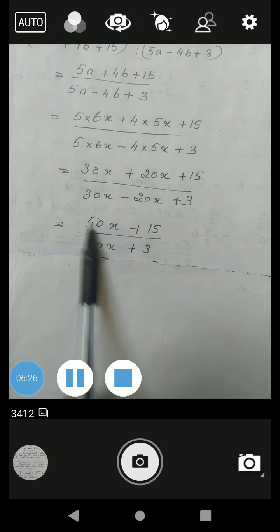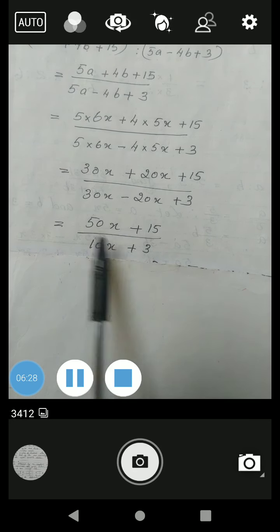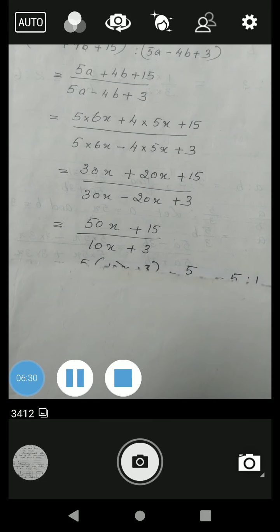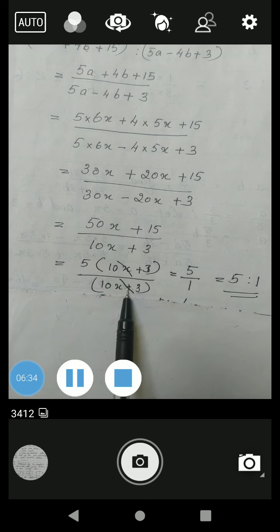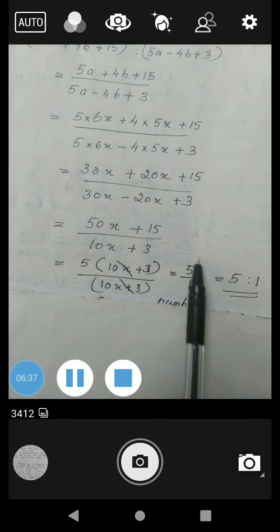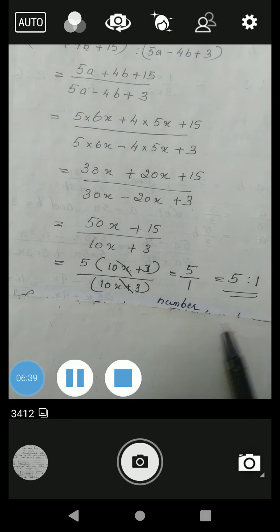Here in the numerator you can take 5 outside. What will be the remaining? 10x plus 3. And these two 10x plus 3 cancelled and we get the result 5 by 1. And the question is find the ratio, so you have to write the answer also in ratio form.